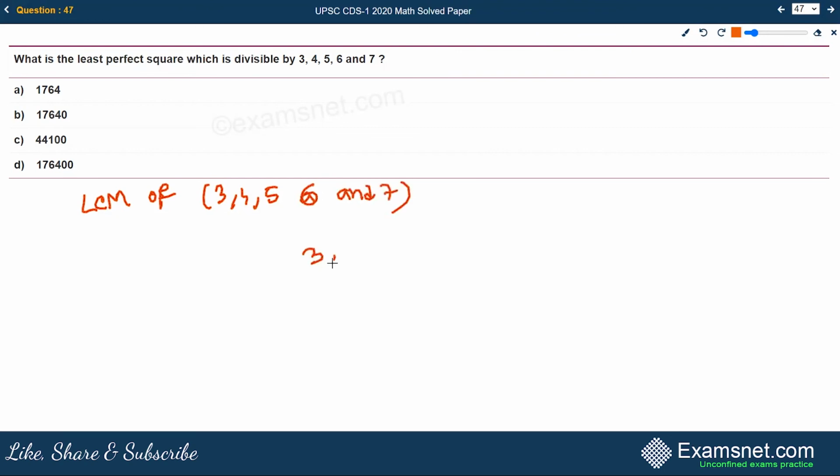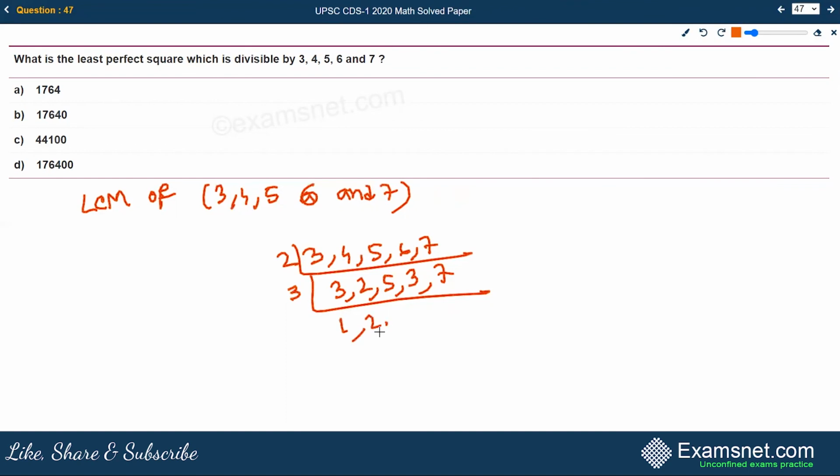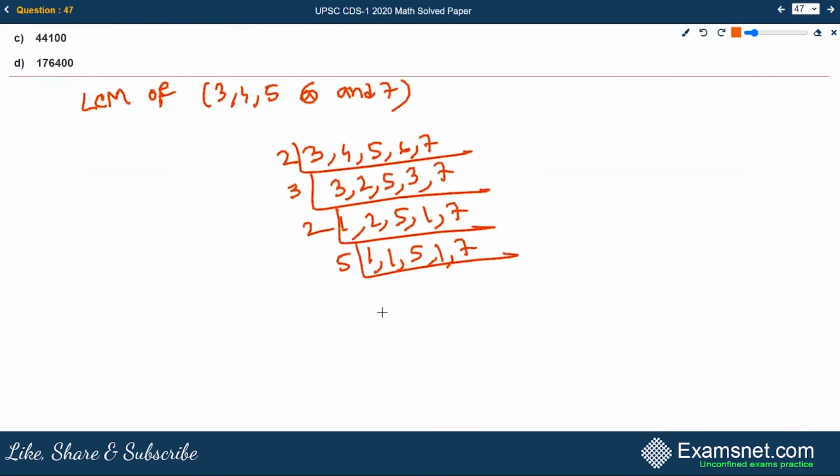Let's do the LCM first. It will be divisible by 2, 5, 3, 7. Next, again, I can write 3, 1, 2, 5, 1, 7. Further I can divide by 2, and 7. We will continue till we get every number as 1.